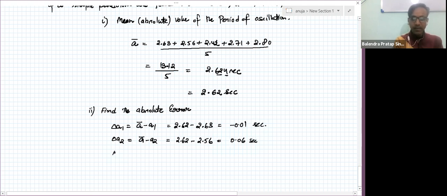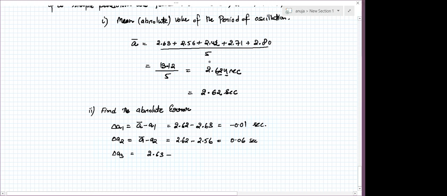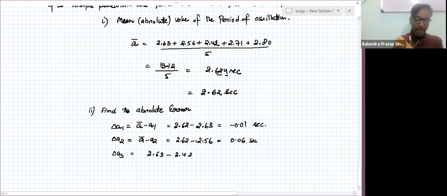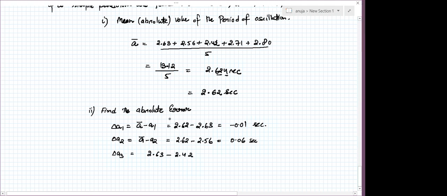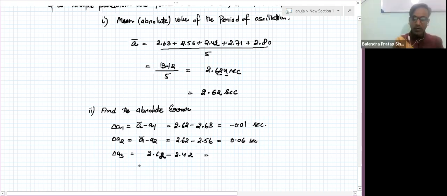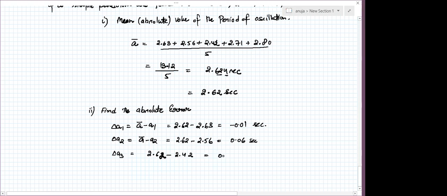Next, delta A3 is 2.62 minus 2.42, so 0.20 second.